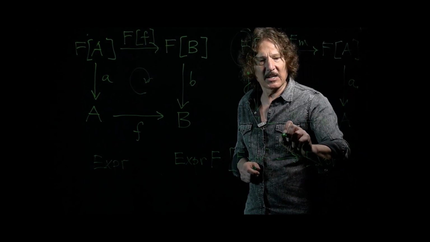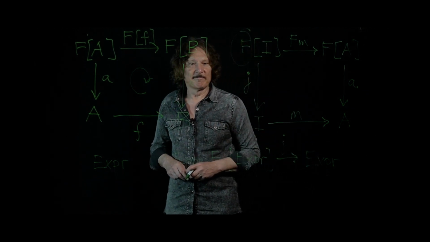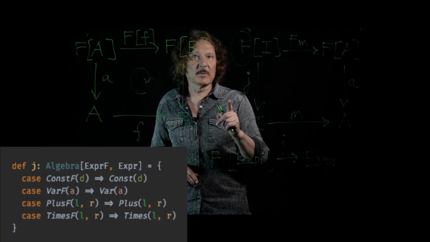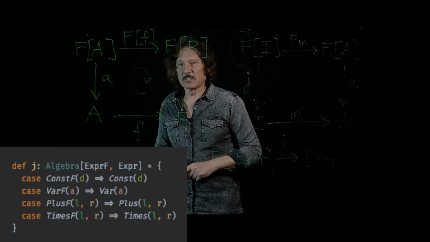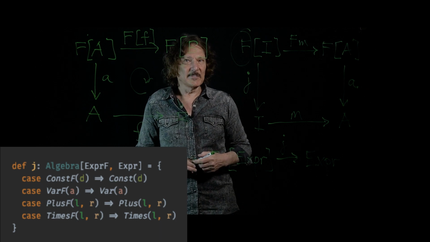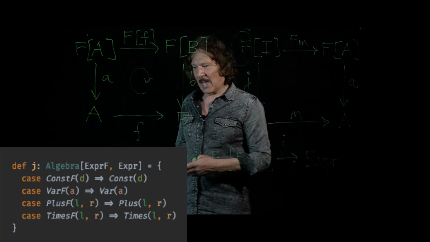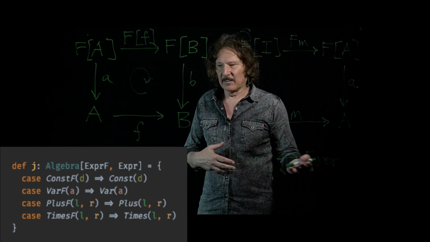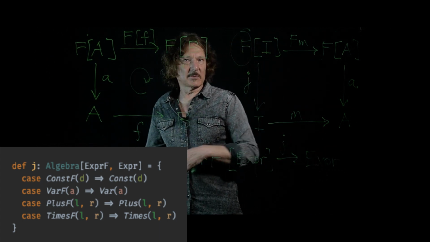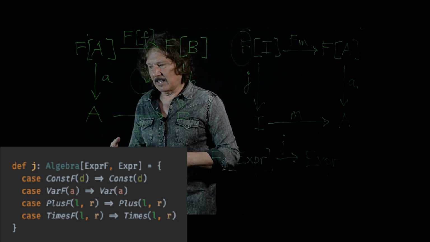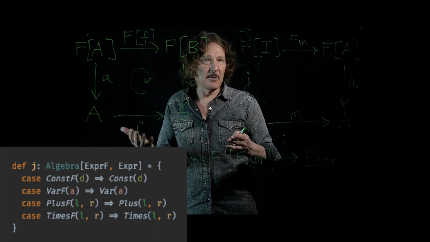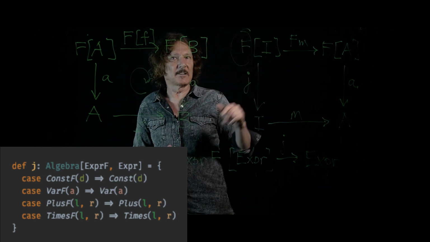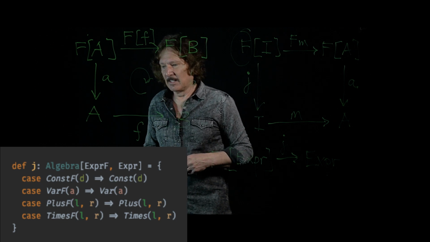That's the evaluator J. It turns out it's very easy to implement. The interesting thing about the implementation of J is that it sort of does nothing. It just repackages data from one form to another, takes a double into double, string into string, and a node with left and right into a node of left and right. We just give a different name to this node.